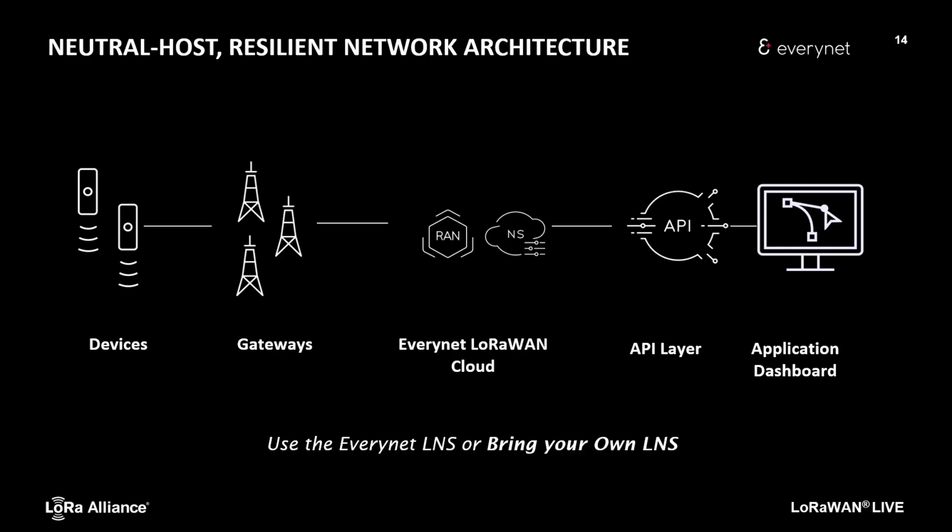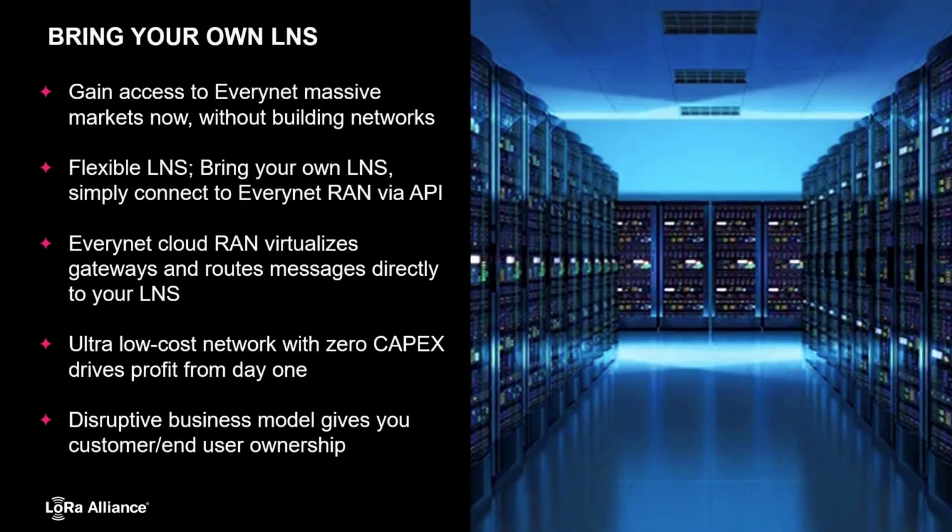Once you get beyond the Everynet cloud, supporting multiple network servers out to API application layers, we really don't care which network server. That is part of what we're talking about today, making it easy to bring the ChirpStack LNS.